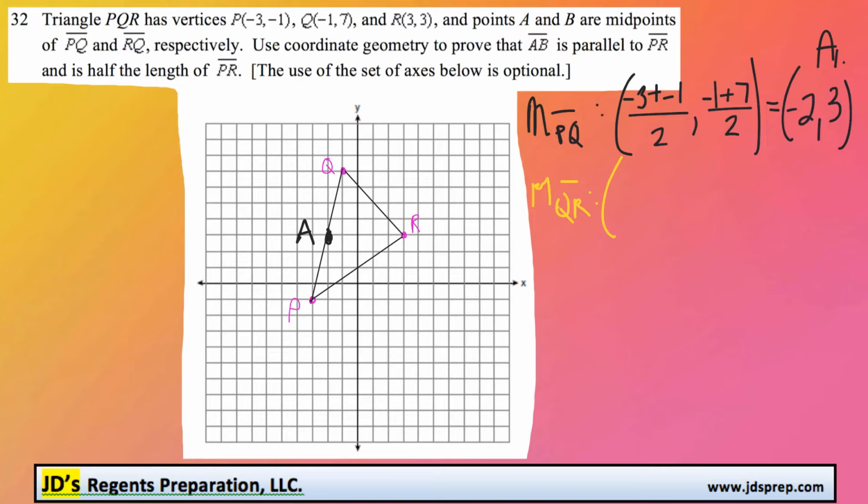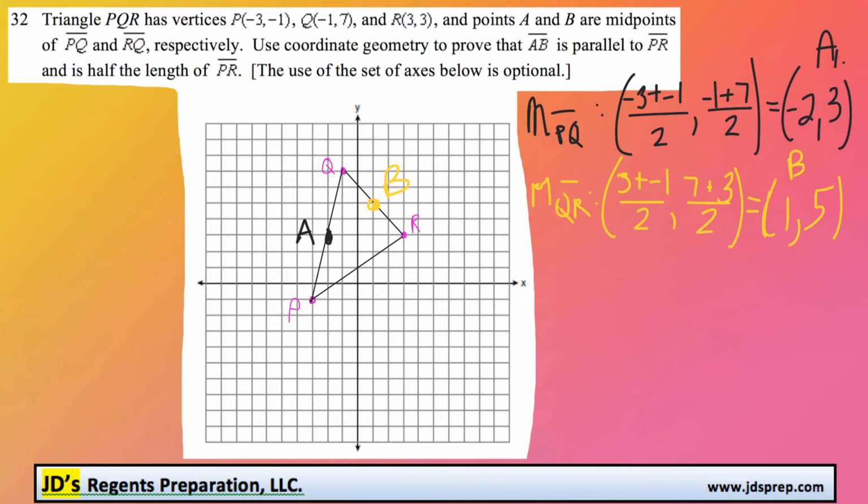We're going to add 3 plus -1, divide by 2 to get our x value. And then 7 plus 3 over 2 to get our y value. We calculate that out and we'll get 1 and 5 for B. So that's going to be right there.